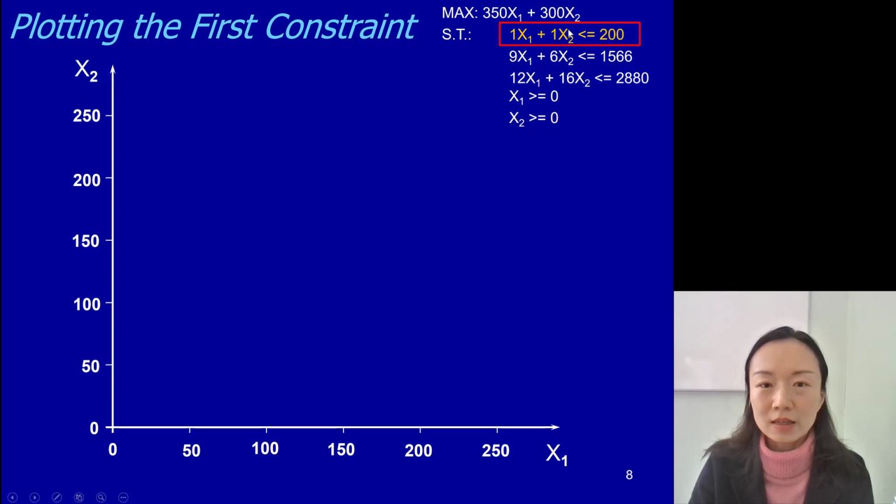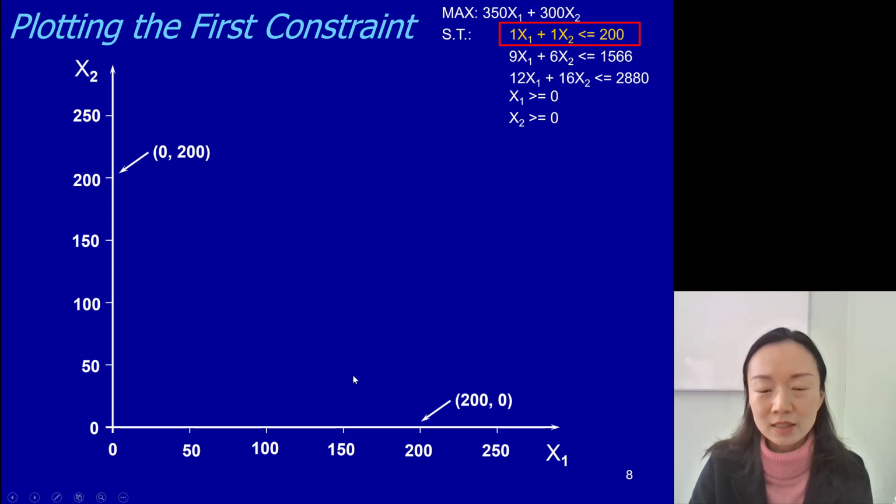And setting x2 to 0, what will be the x1 value? If x1 equals 0, then x2 is 200. If we set x2 to be 0, then x1 is 200. So we identify those 2 points: (0, 200) and (200, 0).